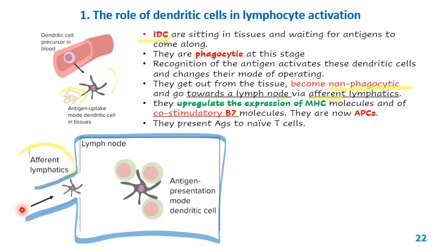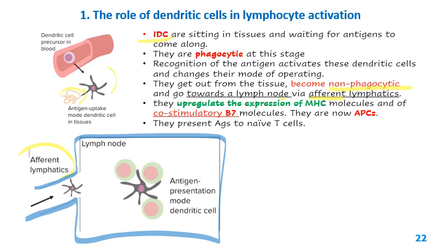The name of the vessel that reaches the lymph node is the afferent lymphatic vessel. You can imagine A for arriving.